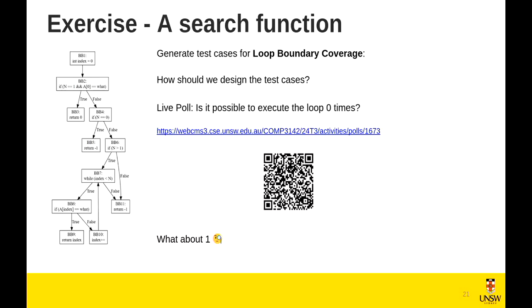So we can't execute this loop one time. What we need is to get inside the loop at least 2 times, or maybe even 3 times. That is a boundary value here. So this is what we can get eventually for this loop boundary testing.